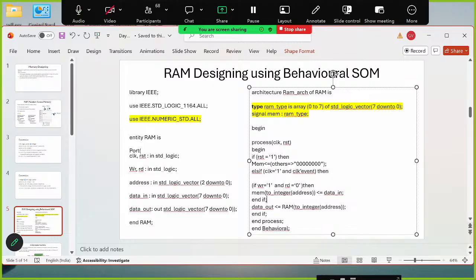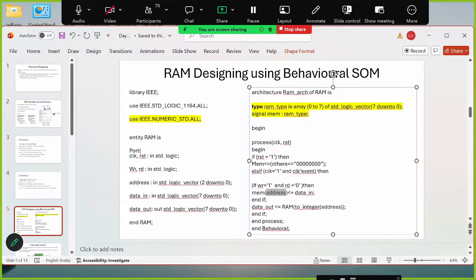So I can write like this also, mem address gets the value of data. But this index can only be of integer type, but mine is of std underscore logic underscore vector type.